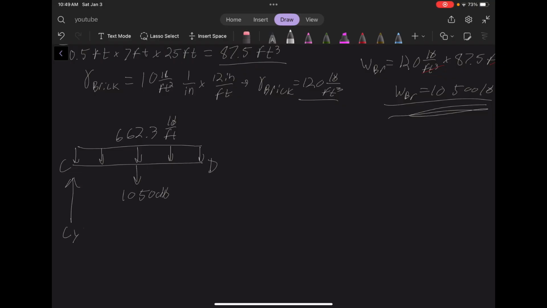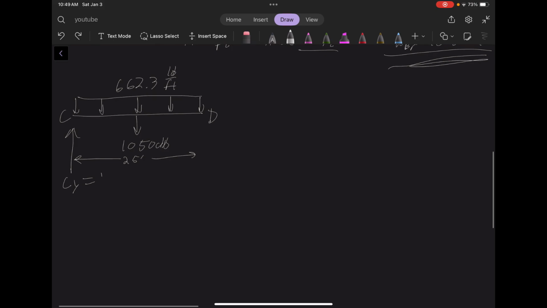So CY is equal to, and again, we know that this is 25 feet. So you take this 662.3, multiply it by 25, add 10,500, divide by 2, and you're going to get your reaction answers, which are 13,529 pounds, which is the same at DY as well.